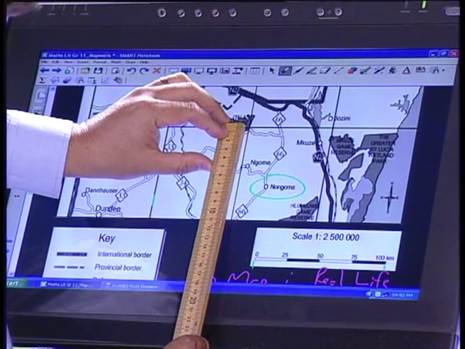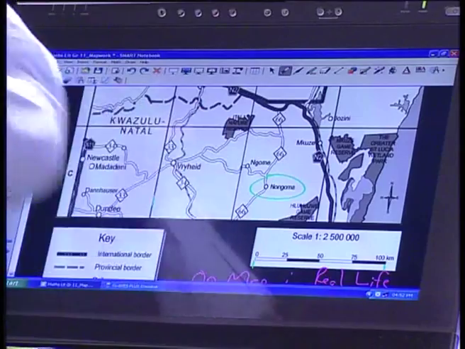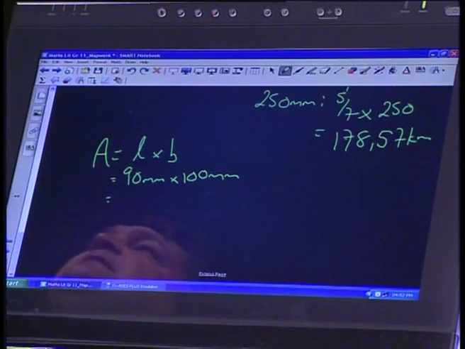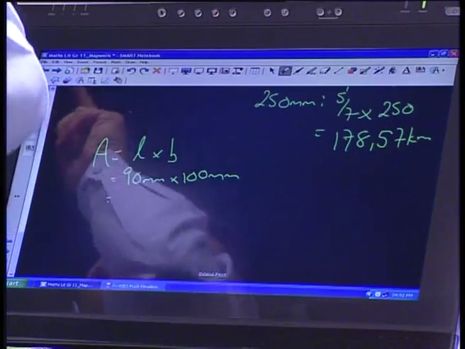And when I measure that, I get round about 100 millimeters. So again, we're going to write here, it's 100 millimeters. But here's my problem. I am measuring the length and the breadth of the block on the map. That's not the question. The question is, what area is represented by the block in real life?